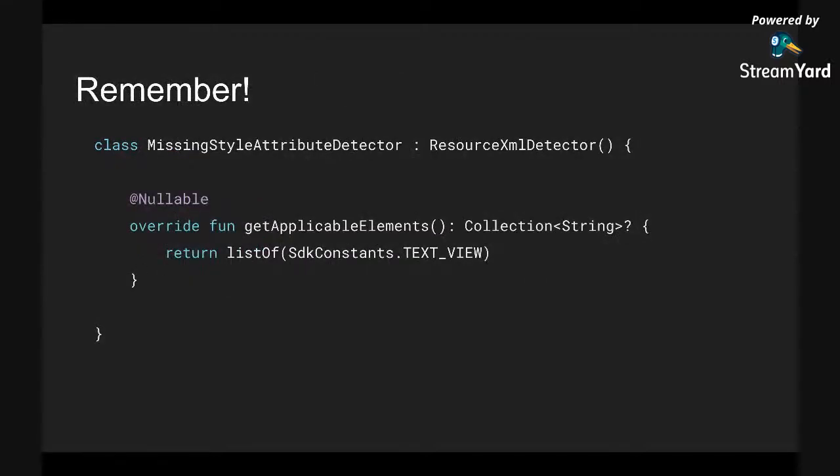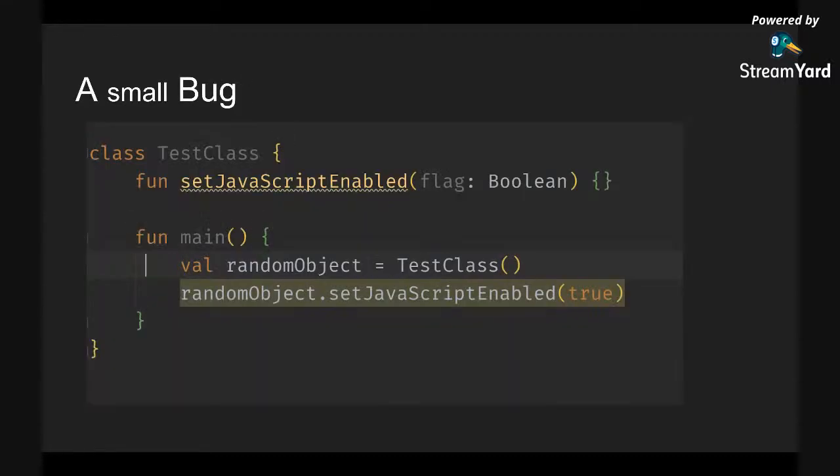Now, remember that I mentioned getApplicableElements was an important override method. We will take a look at an example where getApplicableElements or something corresponding to it was not mentioned and it caused a bug. This is a small bug and not many people are likely to come across it.